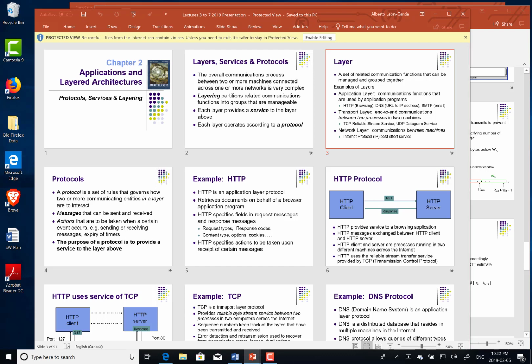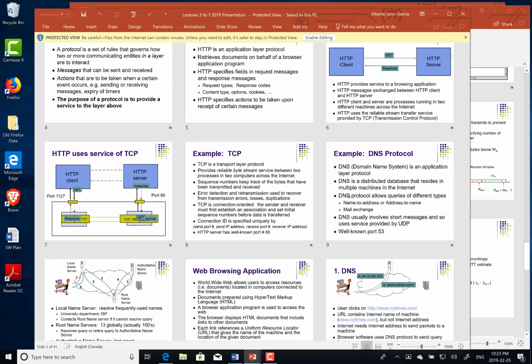So the protocol defines messages that are exchanged between the entities, the participants in the protocol, and the protocols get their job done by exchanging messages. These messages have control information, a variety of things like that. And HTTP is the application layer protocol that supports browsing.